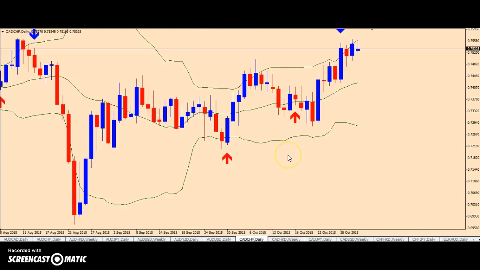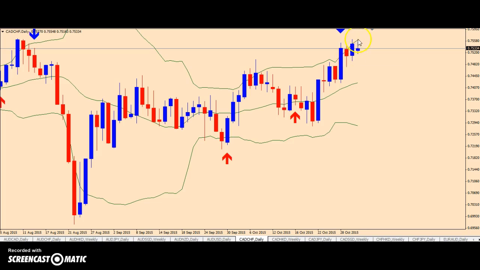But I'm going to switch to the CAD Swiss here, and I've got a sell signal up here, an inside bar showing some weakness, and it's just started to drop away from the Bollinger Bands.